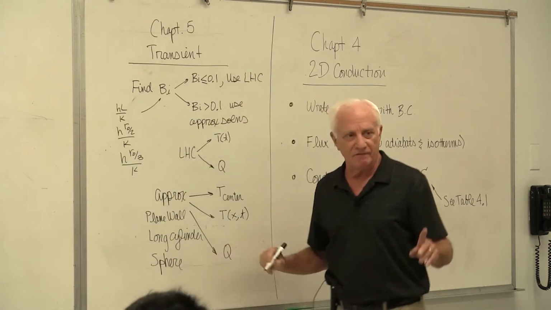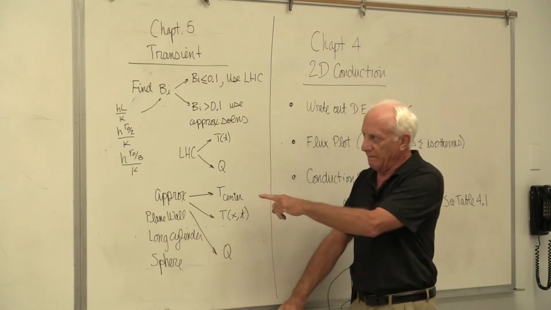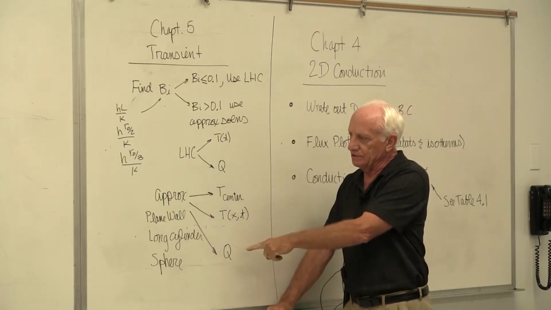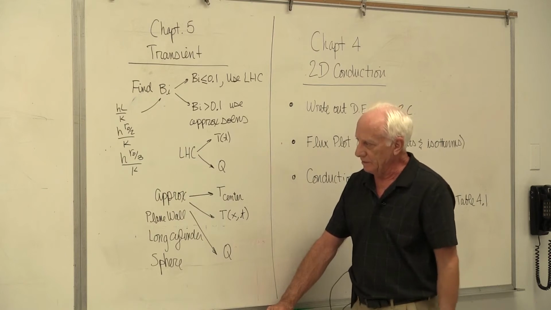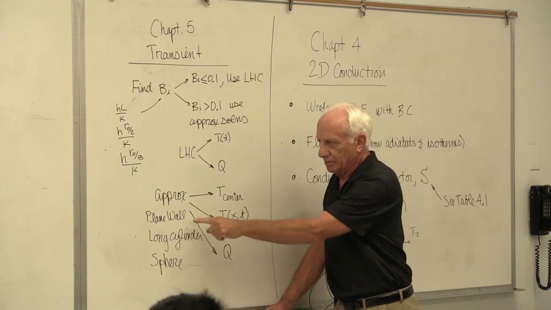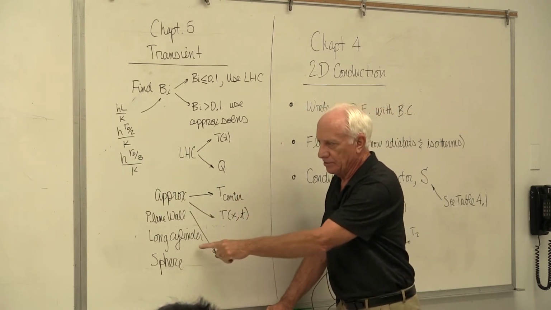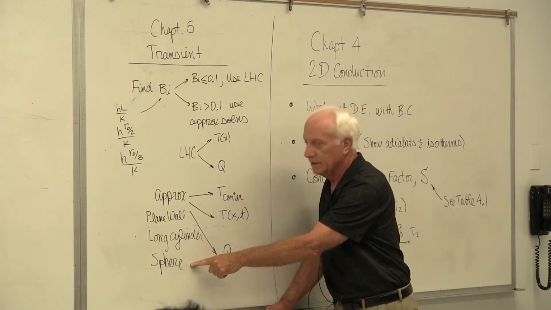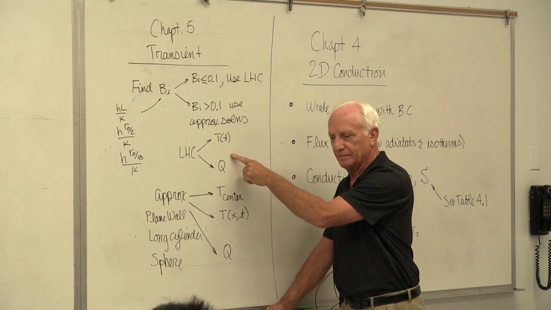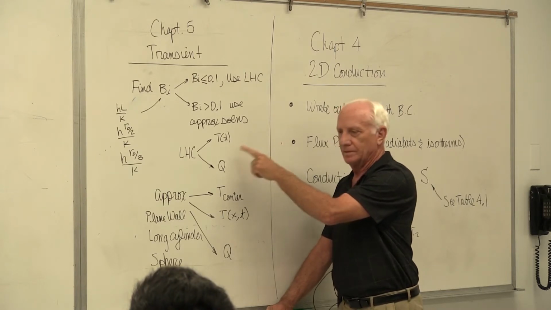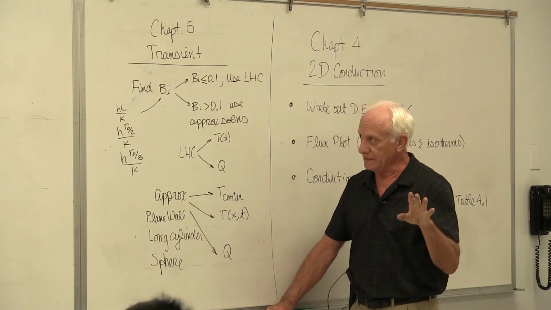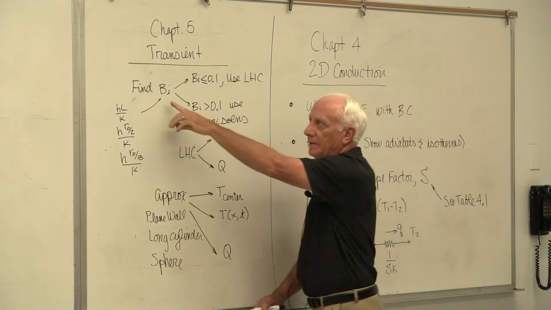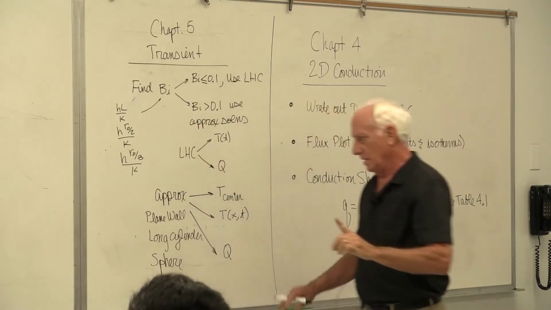So there's a set of 9 equations for these approximate solutions when the Bi is greater than 1/10. 3 equations for plain wall, 3 equations for long cylinder, 3 equations for sphere. 2 equations for lumped heat capacity. Those are the important equations. That's it. But the equation for Bi, okay.